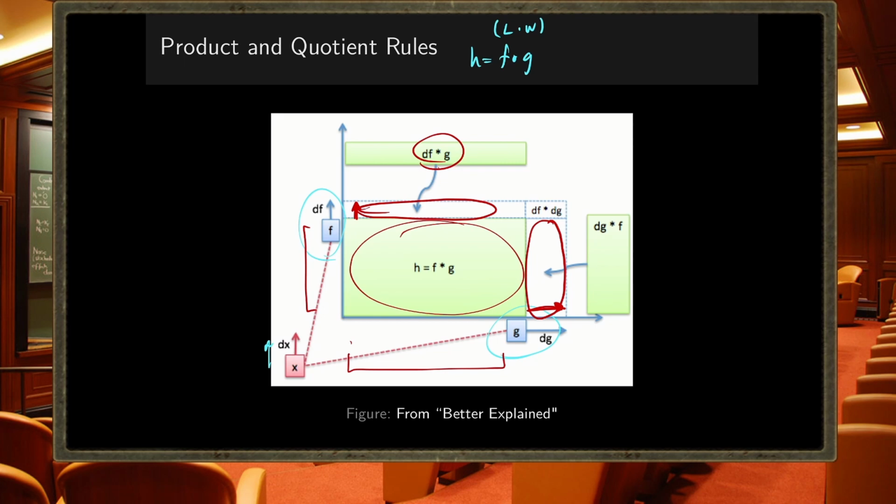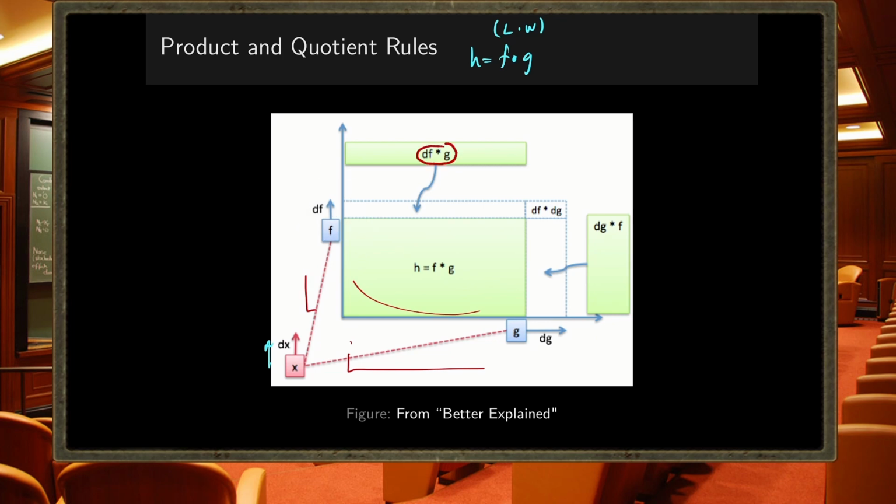And so the area of these two boxes is given by these two. So this is df times g, this wiggle, df times the length g, and this guy, dg, which is right here, dg, times this length f.